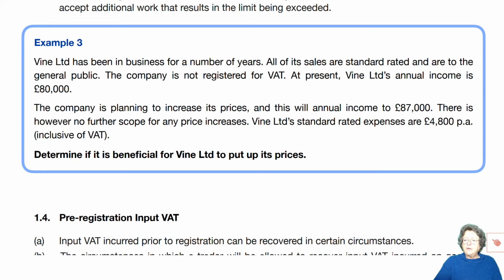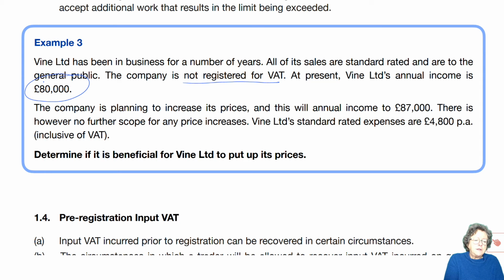So let's have a look at an example here. We have Vine Limited that's been in business for a number of years. All of its sales are standard rated and are to the general public. Now, they are not currently registered for VAT, and their annual income is 80,000, which is obviously below the limit.